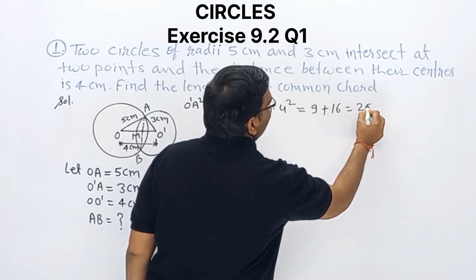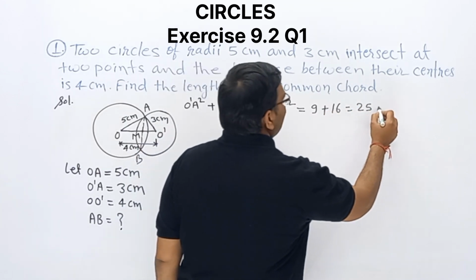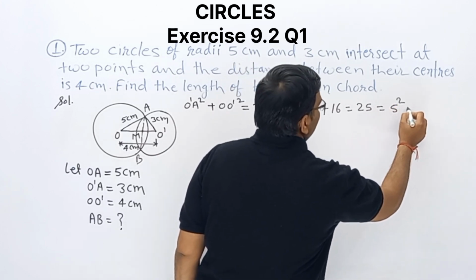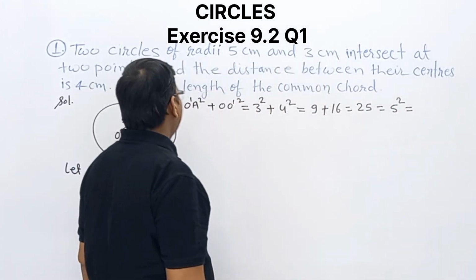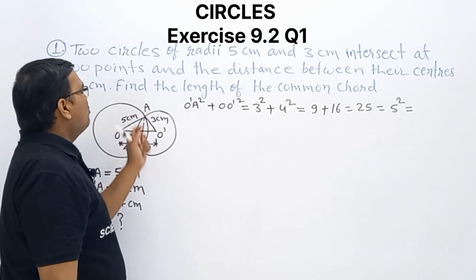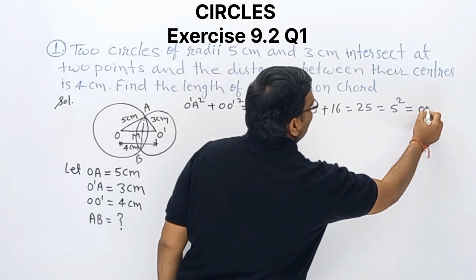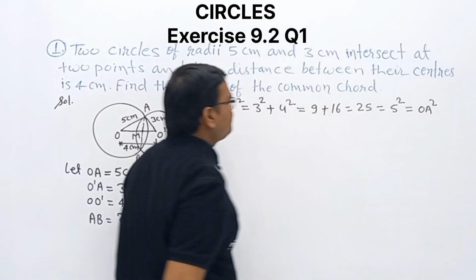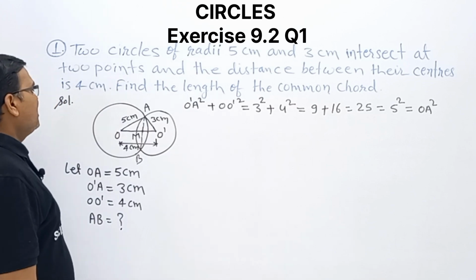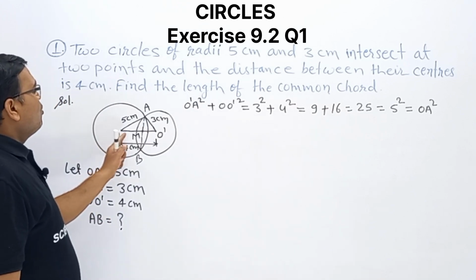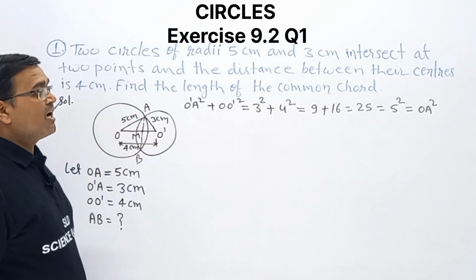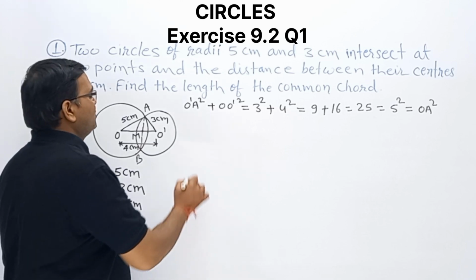We are getting 25, and this can be written as 5 square. So finally, 5 centimeter is OA. So OA square. So we can say it is a right angled triangle.